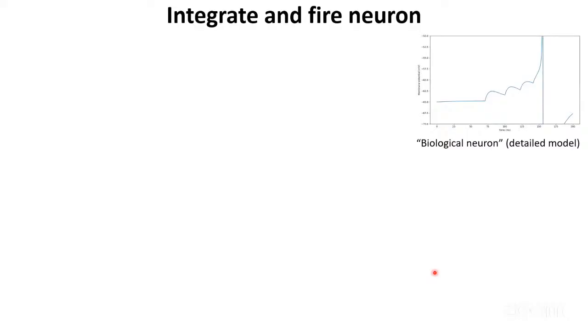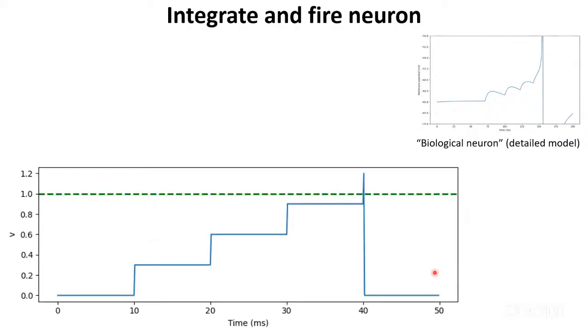The voltage gets integrated over time: a spike comes, the voltage gets integrated, the voltage increases and becomes above threshold, then there is a spike at the output, and then you get the resting potential.